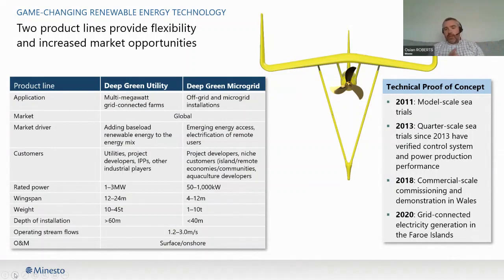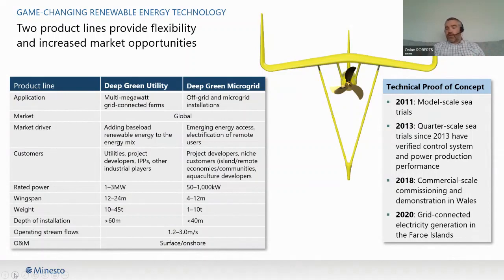And we have the Deep Green microgrid device, which can be used in off-grid situations, whether that's luxury tourism, or around peripheral communities in islands. And you can see, moving to the bottom there, the potential power for each device, the difference in size, the relative weight, and the depths of installation.